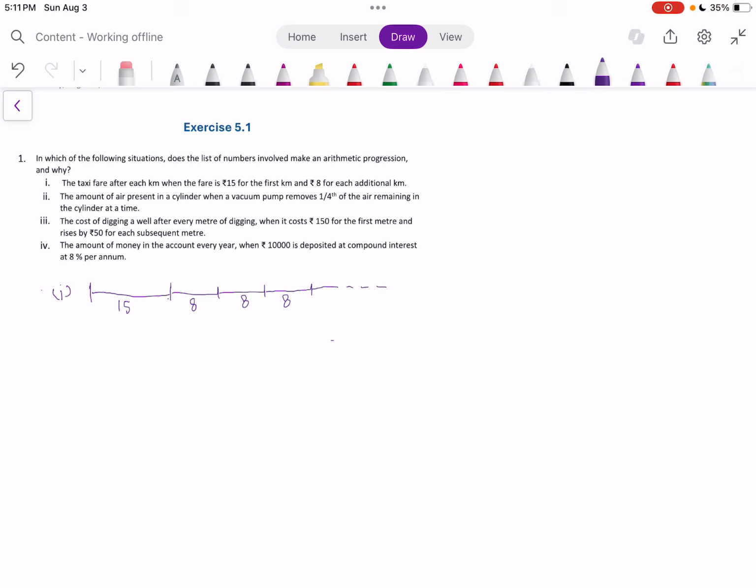So the first kilometer you are going to be charged 15. Now if you decide to go one more kilometer, it is going to be 15 plus 8, that is 23. If you go 3 kilometers, it is going to be 15 plus 8 plus 8, 31. One more, it is going to be 15 plus 8 plus 8 plus 8, 39.